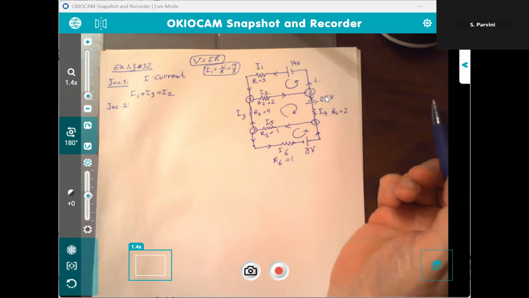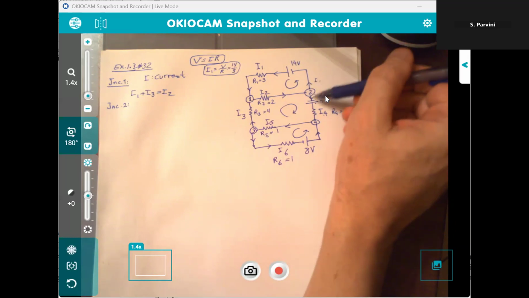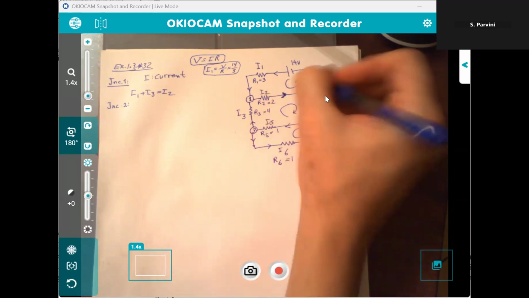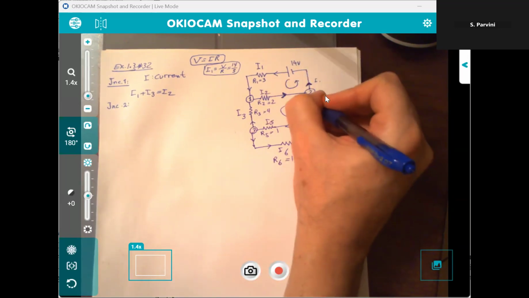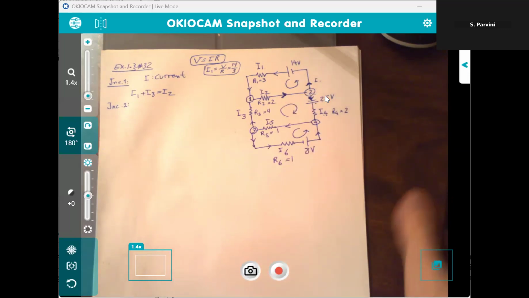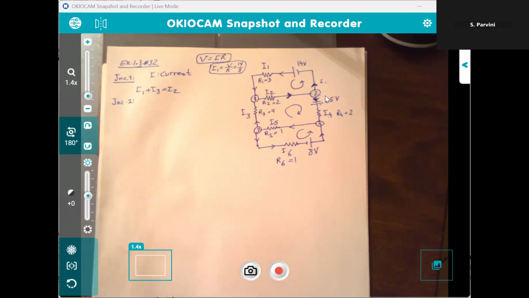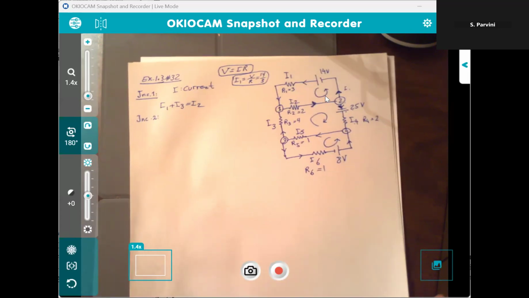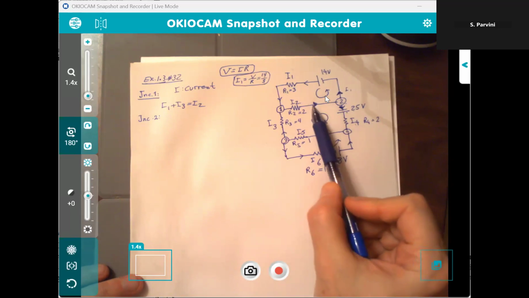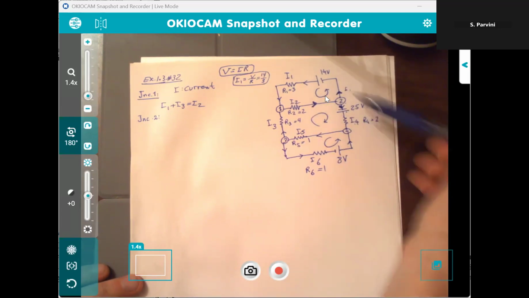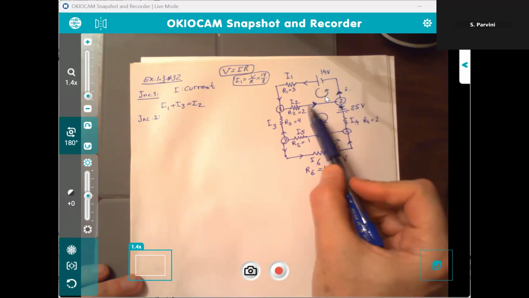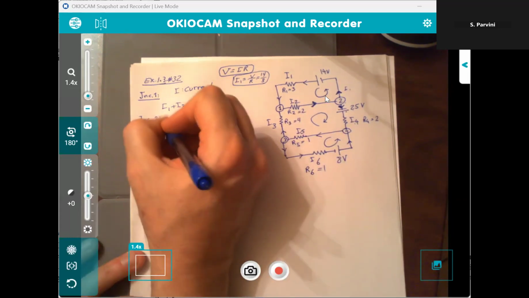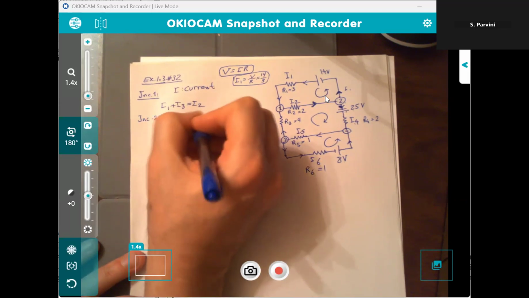True? So we write I1 plus I4 is equal to I2.